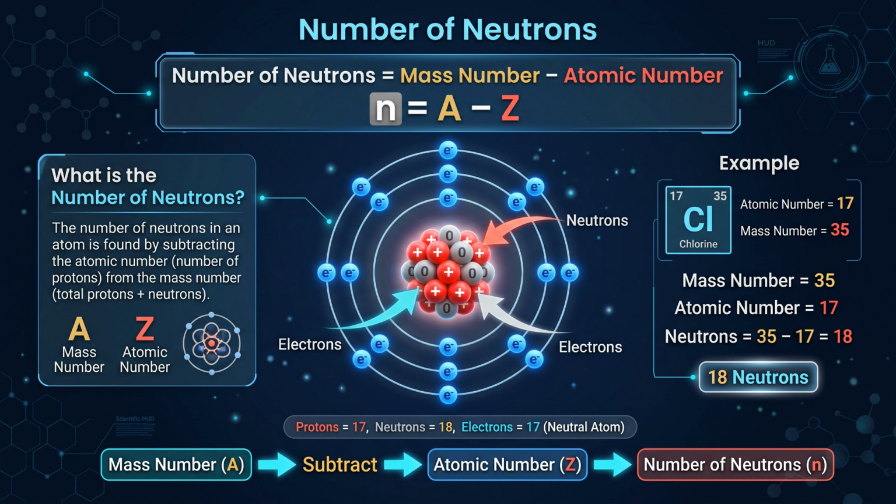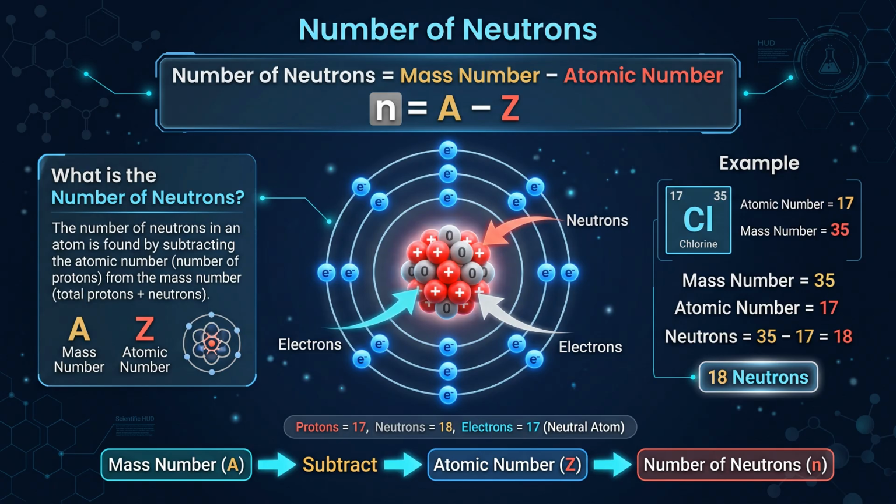To calculate the number of neutrons, we apply the formula: neutrons = mass number − atomic number. Substituting the values gives 35 − 17 = 18. Therefore, this chlorine atom contains 18 neutrons. Since the atom is neutral, it also contains 17 electrons, equal to the number of protons.